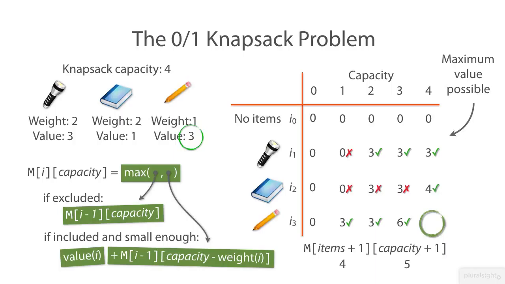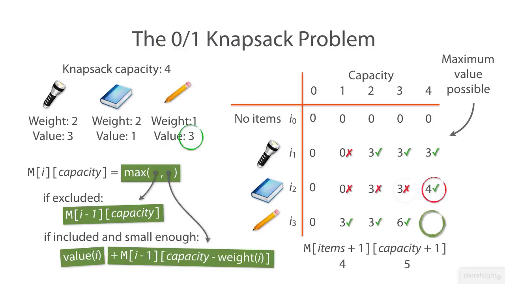The next and final subproblem has a knapsack capacity of 4. Either we do not include the pencil, in which case the maximum possible value can be found in the subproblem in the row above. In this case we can obtain a value of 4. Or we do include the pencil, in which case the pencil's value of 3 should be added to the subproblem with the pencil's weight of 1 subtracted.